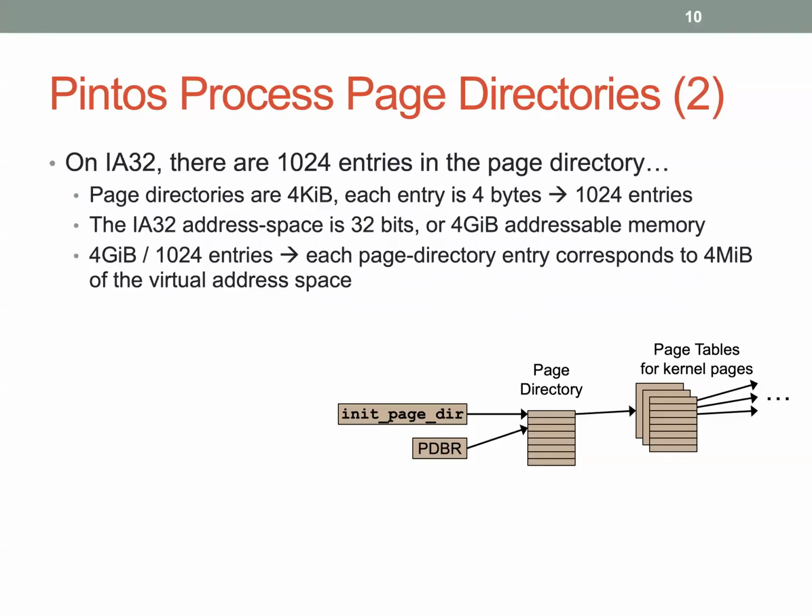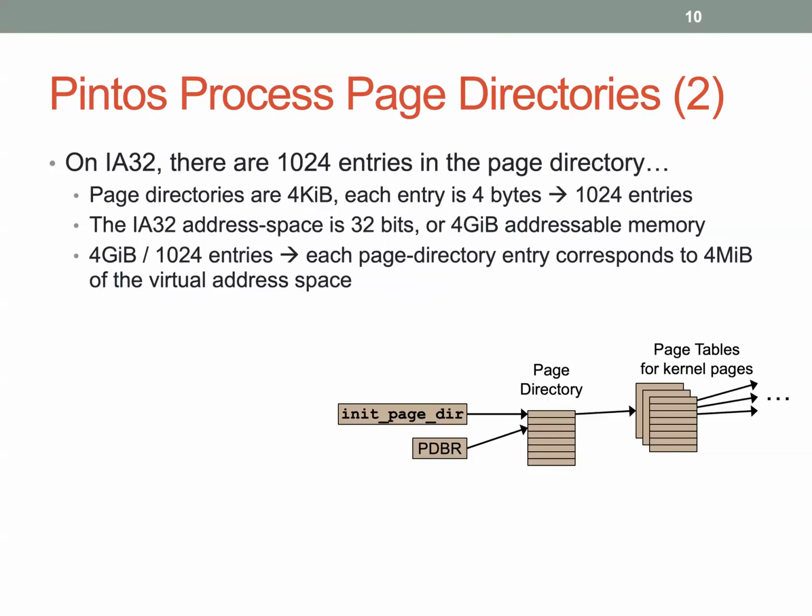Now, I want to talk briefly about this, because I want you to get more comfortable thinking about how these page directories and page tables work. As I mention on the slide, on IA32, there are 1,024 entries in the page directory, because page tables, these nodes in the page directory hierarchy, are 4 kilobytes.